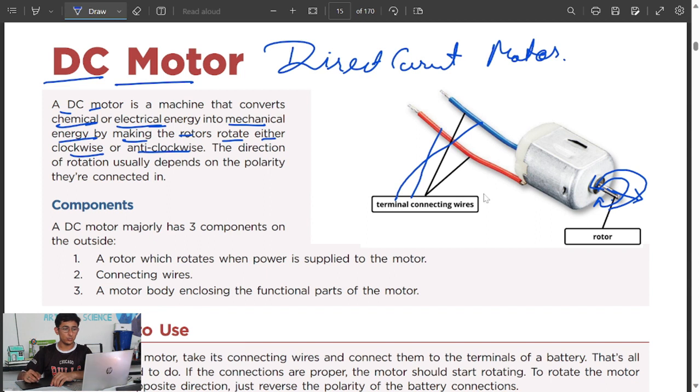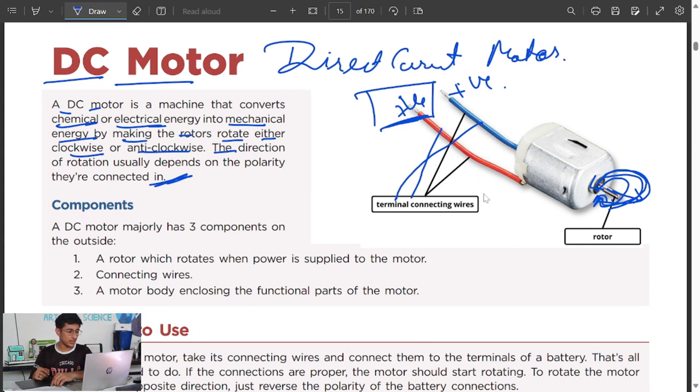Now, when we remove the battery from these terminals and rotate this rotor in a clockwise direction, it will generate positive current here, and when we rotate it in an anti-clockwise direction, it will generate positive current on the red wire. So the direction of rotation usually depends on the polarity they are connected in. So this is all about the DC motor.